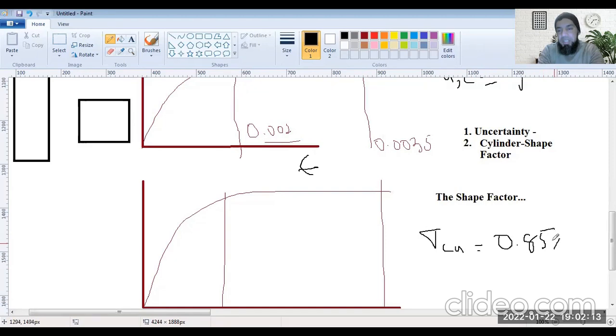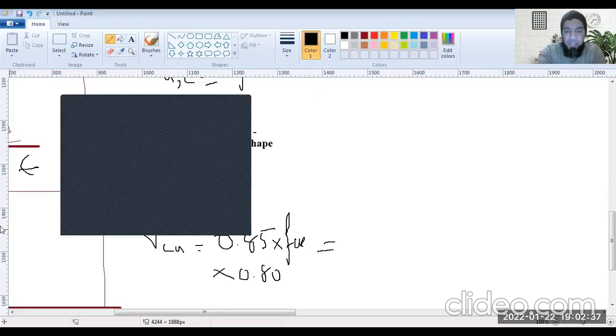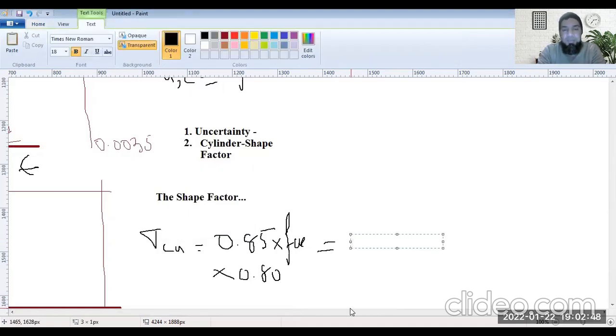So we take it 0.85 FCK. Then we also take into account the slender shape factor, so that makes it 0.80. तो इसका 20% लेते हैं कम, and for uncertainty we take 15% less. So if you multiply these two, 0.85 into 0.8 into FCK, there are two coefficients now here. तो ये बनता है 0.68. So we usually take it as 0.677. आता है ये value 0.677 FCK.